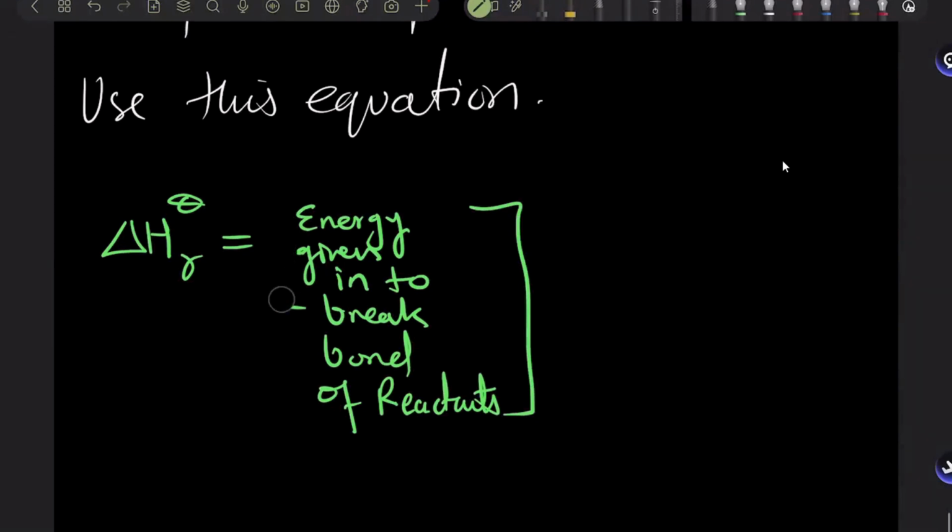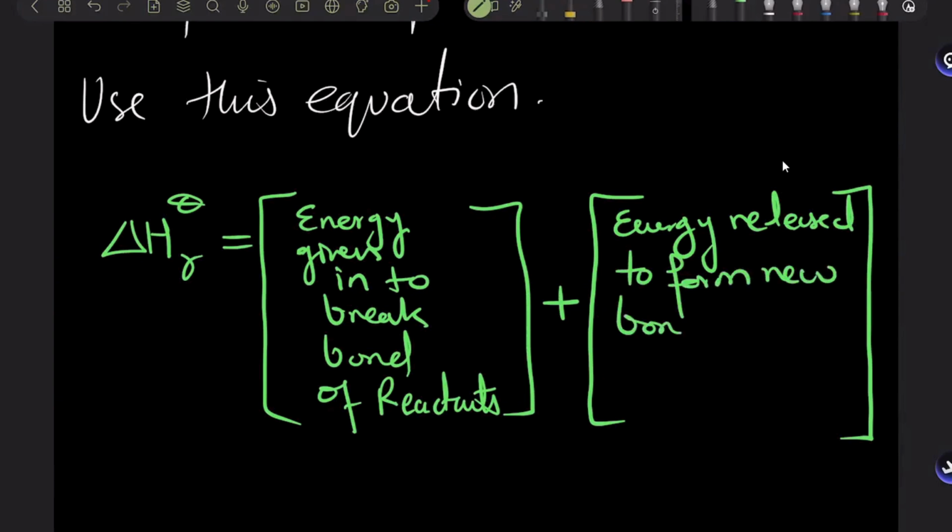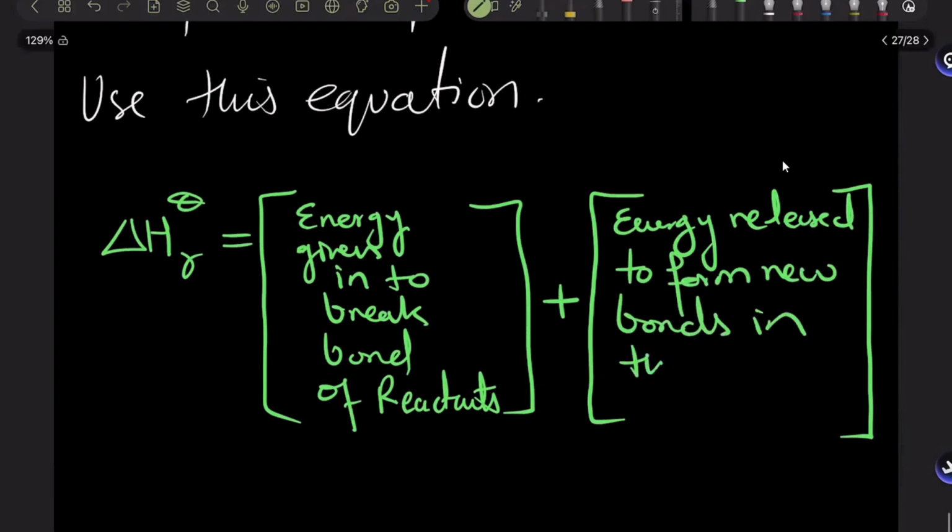Energy given to break the bonds in reactants plus energy released to form new bonds in the products.